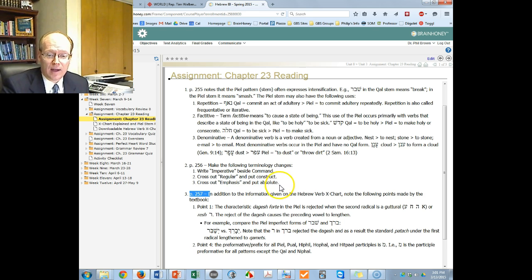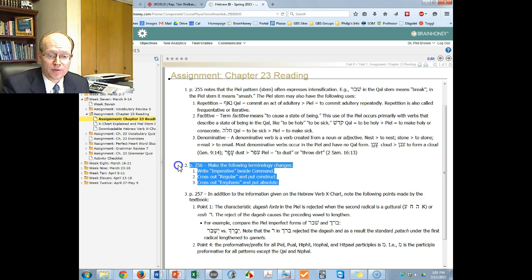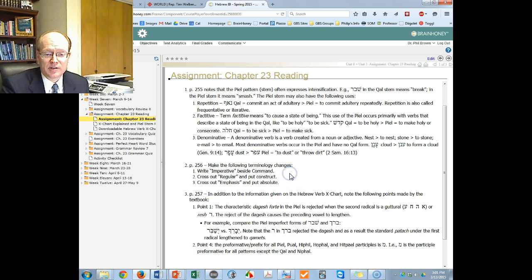Also, I skipped and should have covered this. Page 256, there's some terminology changes. I don't refer to command forms, I refer to imperatives because all other Hebrew grammars call them imperatives. I also ask you to cross out the words regular infinitive and replace them with construct, and emphasis infinitive and replace it with absolute, because those are the standard terms: infinitive construct, infinitive absolute.